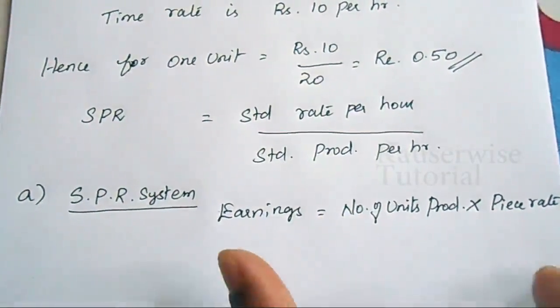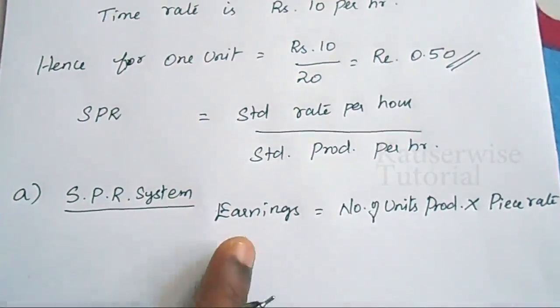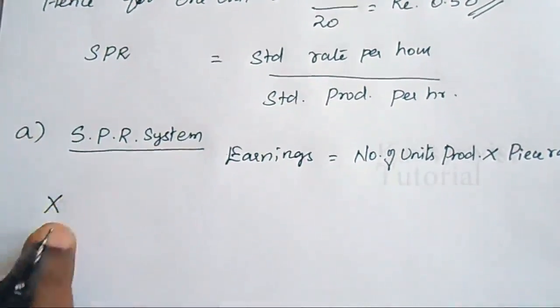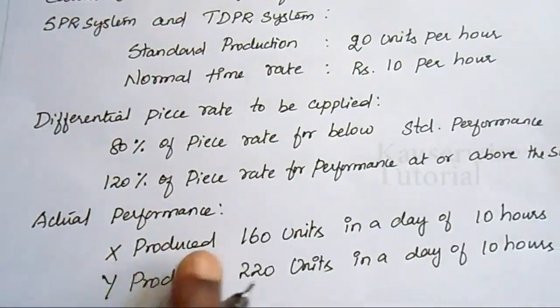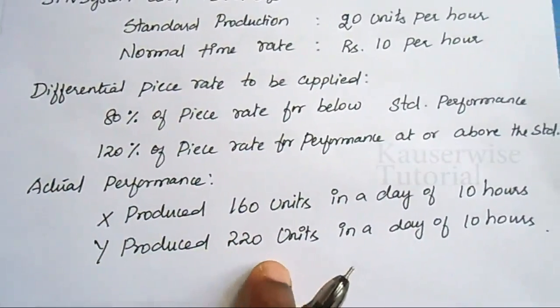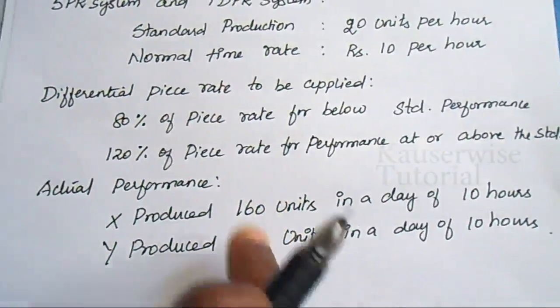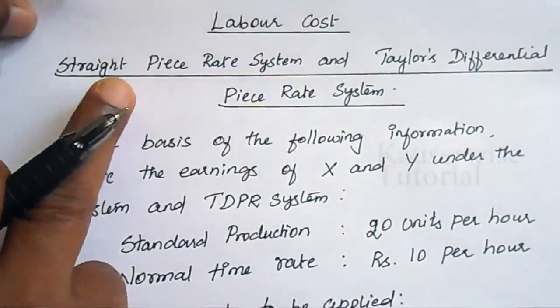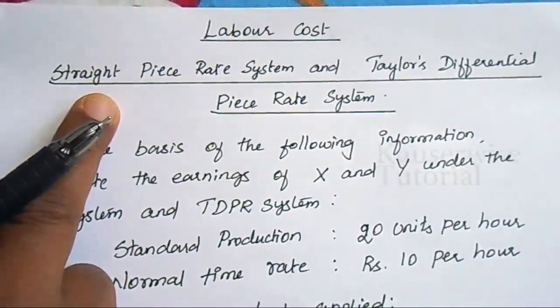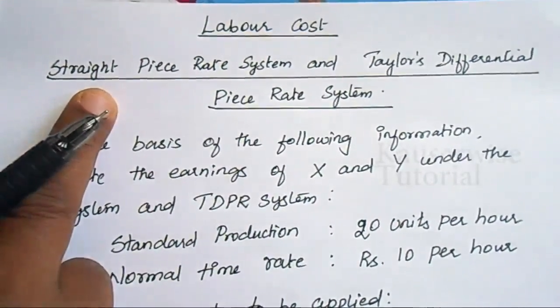With the help of this formula you can find the earnings or wages for two different employees. How many units were produced by X? His actual performance: X produced 160 units and Y produced 220 units. So according to straight piece rate system, after finding the piece rate, just multiply with their actual performance to know the wage for different employees.